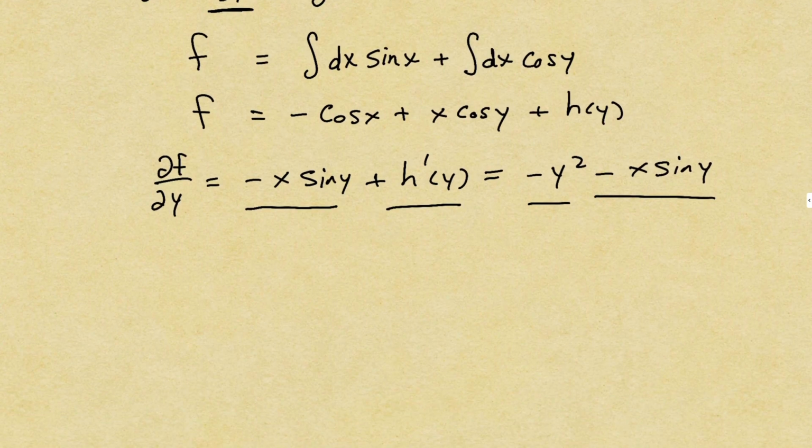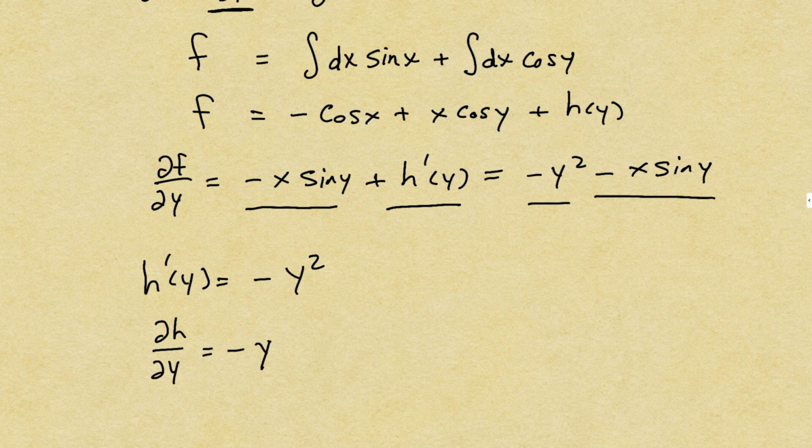We see immediately that h prime of y must equal minus y squared. That's great. But, of course, it's h prime, a derivative with respect to y. So in a way, we have a new differential equation here, which is that dh dy is minus y squared. But it's perfectly separable.